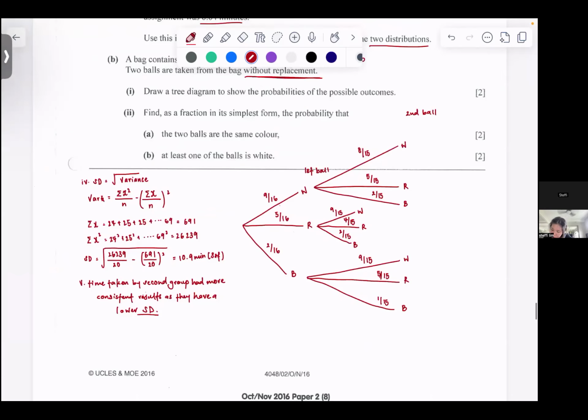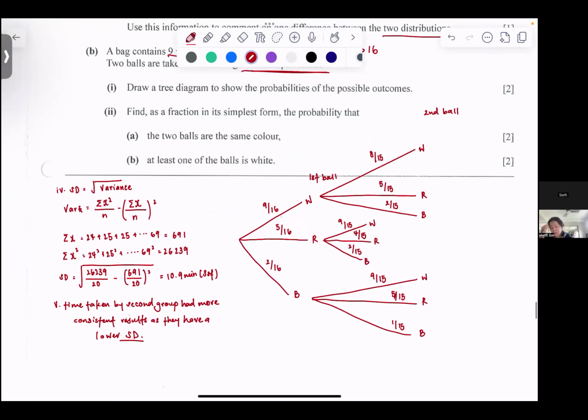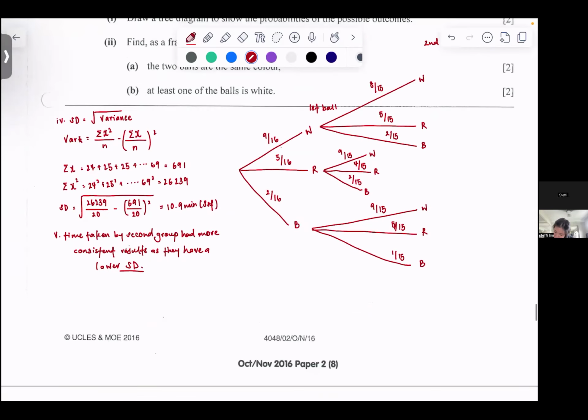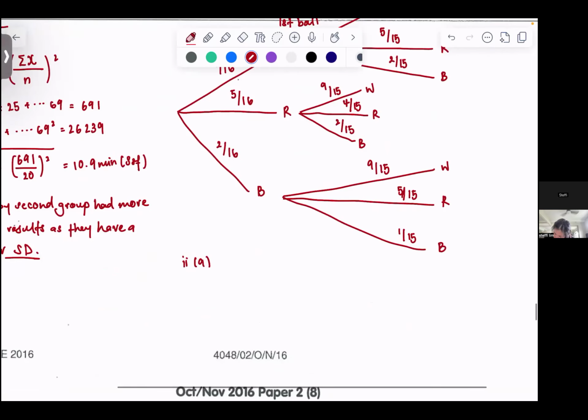Okay, now find, as a fraction in its simplest form, the probability that the two balls are the same color. So if they are white-white, red-red, black-black, right? The probability of two the same color, right?